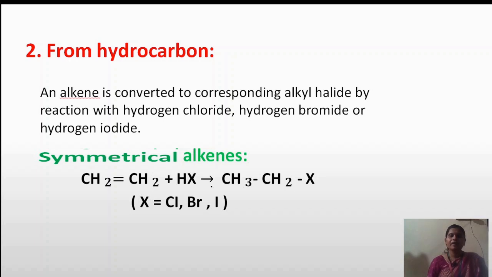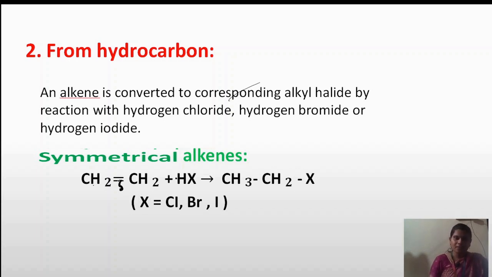hydrogen halide, we will get the corresponding alkyl halide, that is here we will get the ethyl halide. Here X may be chlorine, bromine or iodine. Now in this reaction, one of this bond breaks, and this H is attached here and this X is attached here, and there is a formation of CH3CH2X, that is ethyl halide or haloethane.